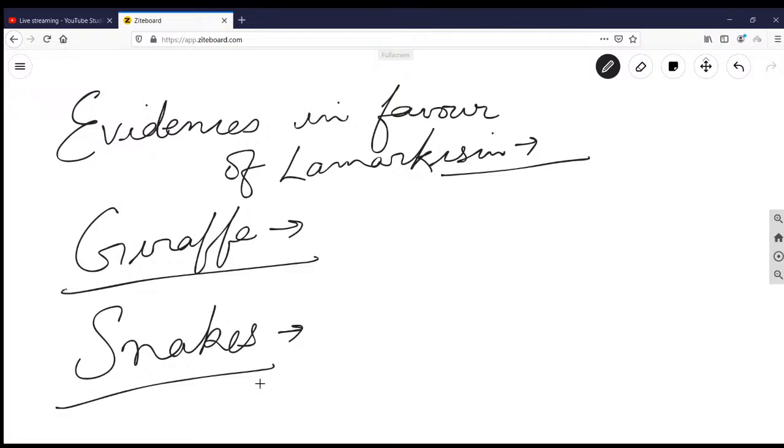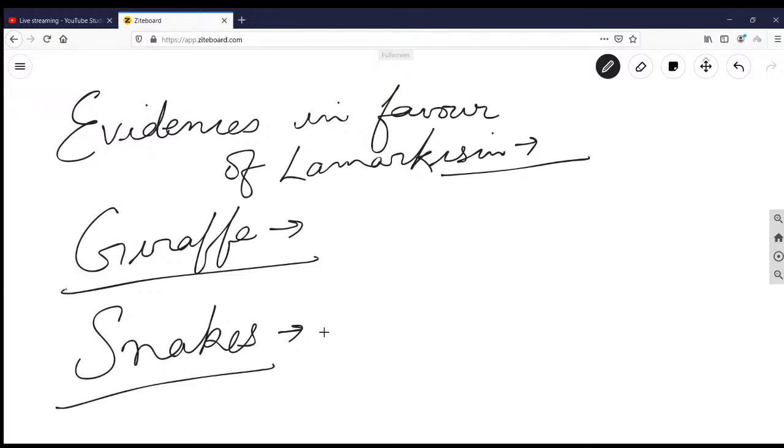So this disuse of the limbs led to their degeneration. This also held true as evidence in favor of Jean Baptiste de Lamarck, or simply Lamarckism.